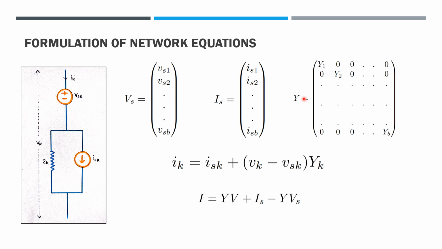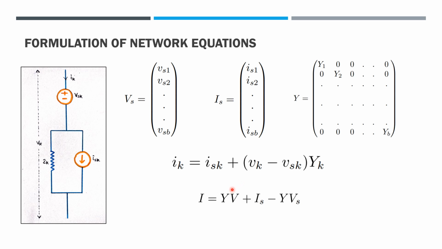Y is the diagonal matrix containing the values of admittances for all B branches. Here dimensions are taken B cross 1, B cross 1 and B cross B so that matrix multiplication can be possible in this equation. Now let's replace Ik with I, Yk with Y, Vk with V, Isk with Is and Vsk with Vs. We will get this equation.